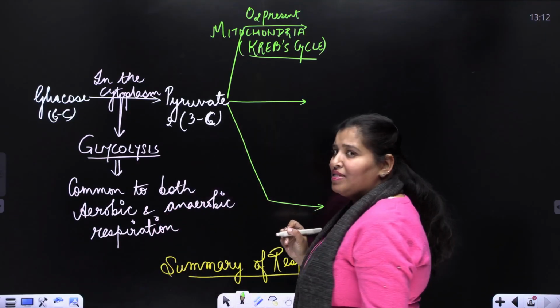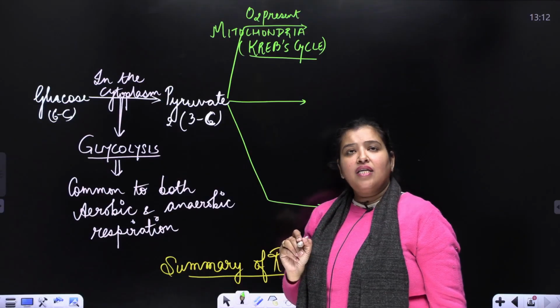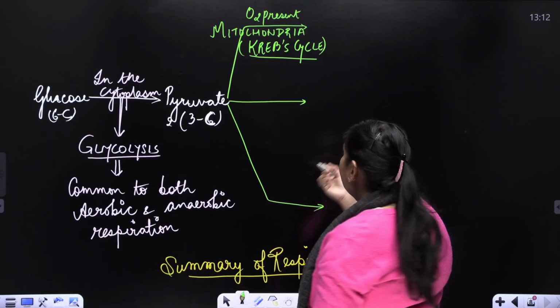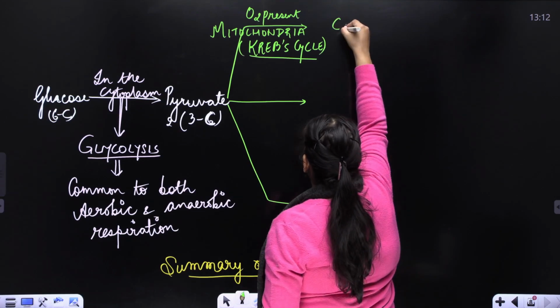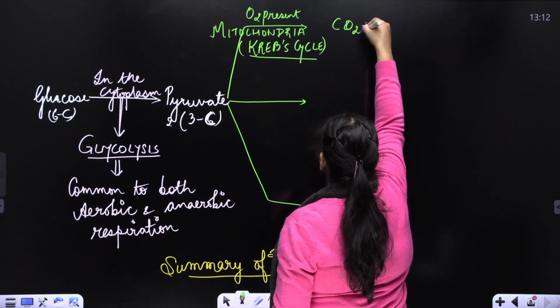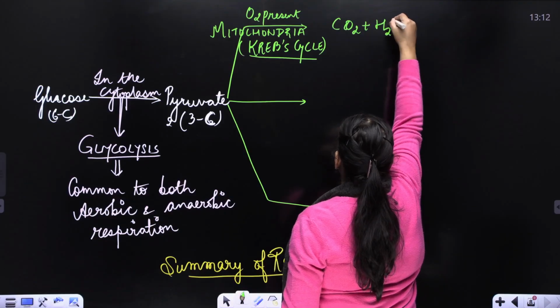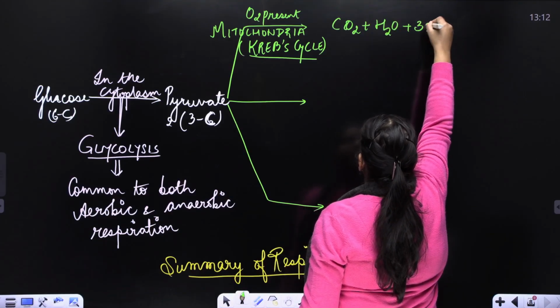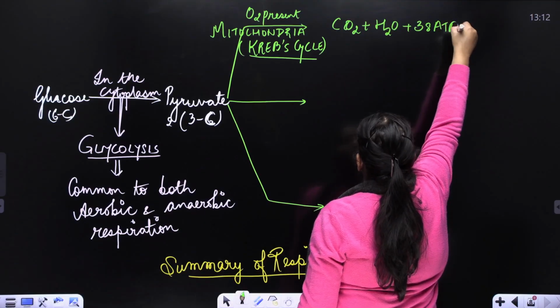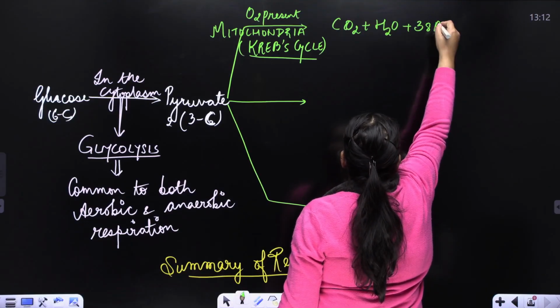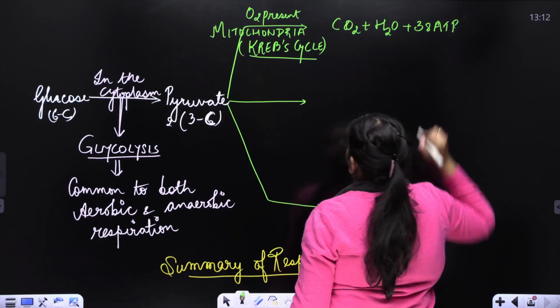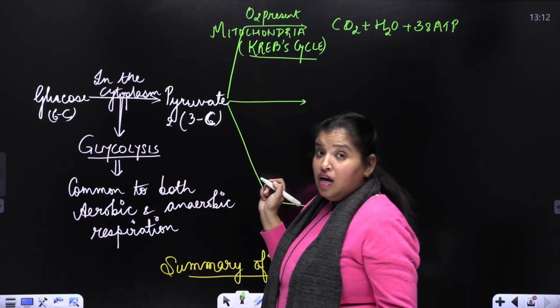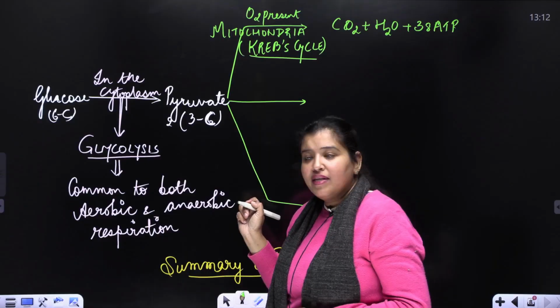All right. Once it enters mitochondria, it undergoes Krebs cycle. Products you already know: carbon dioxide, water, and 38 molecules of ATP.